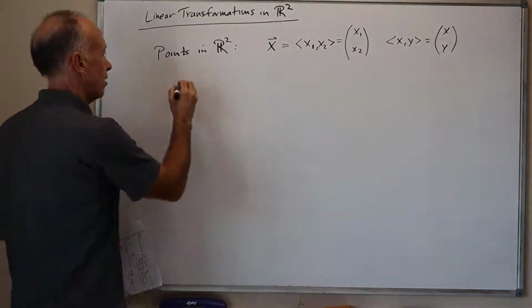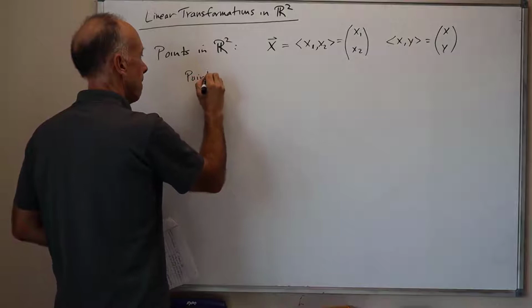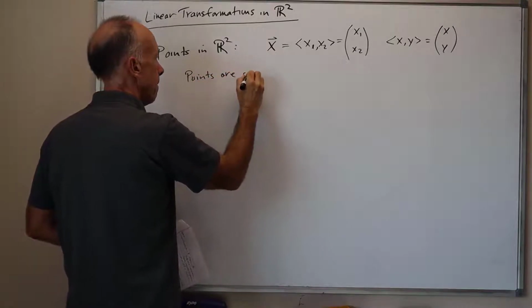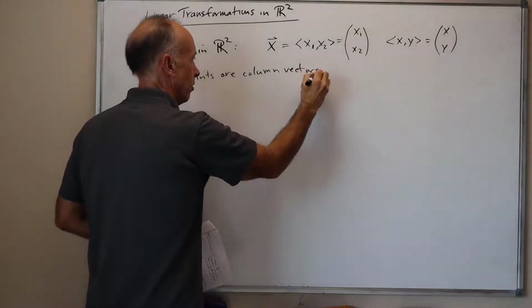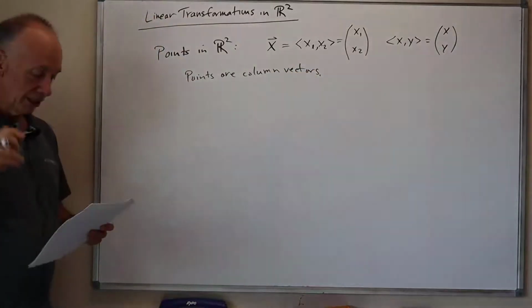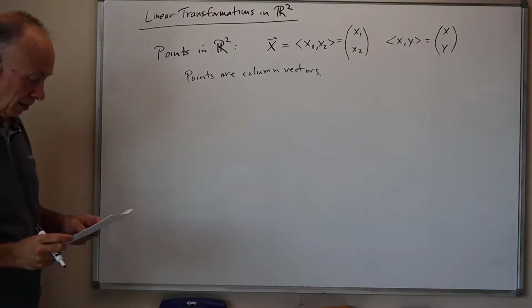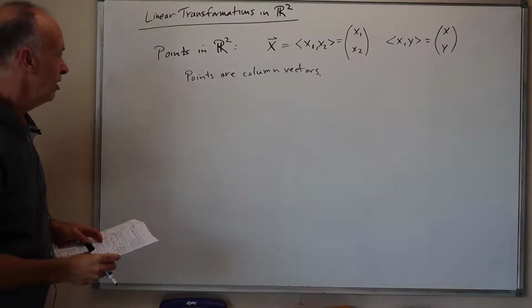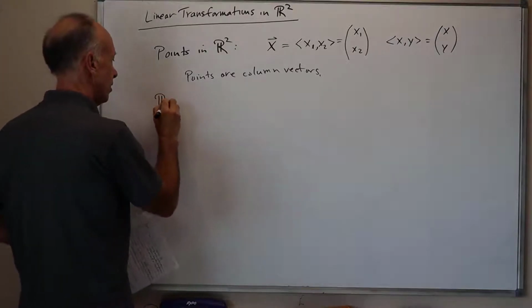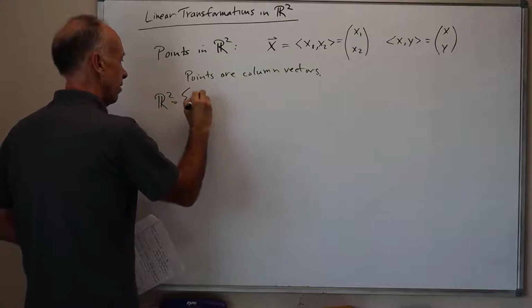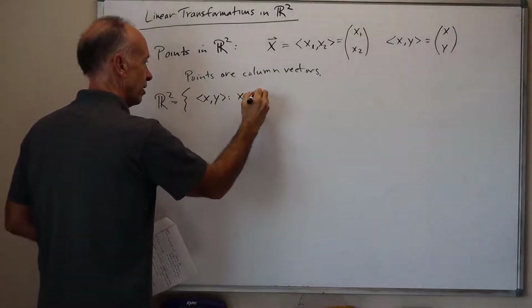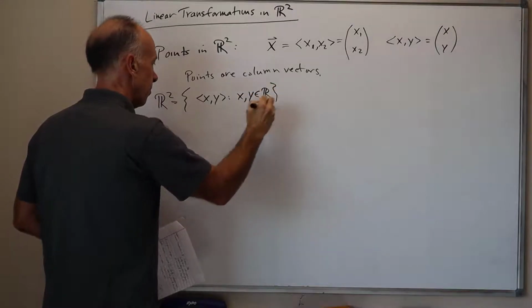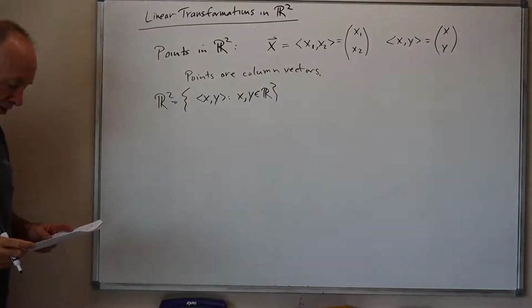So points are column vectors, or in R2, 2x1 matrices. Okay. And then, of course, R2 is just the set of all pairs xy, where x and y are scalars. Right. So that's 2 space.